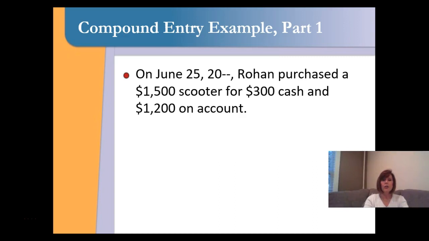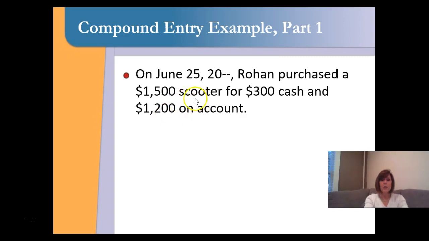So what are we looking at when we think of accounts for this? Well, we've got scooter, cash. Those both sound like assets to me. On account sounds like we're going to owe somebody for that, so it sounds like a liability.